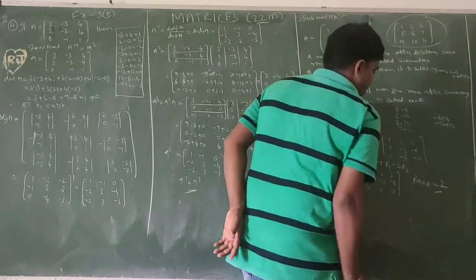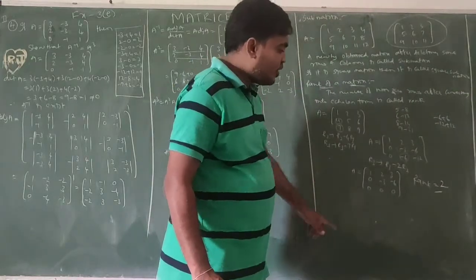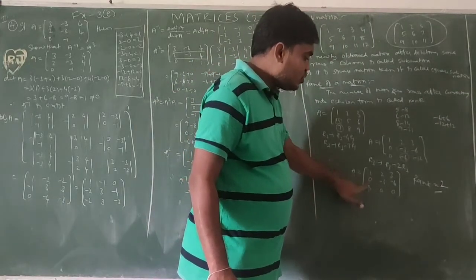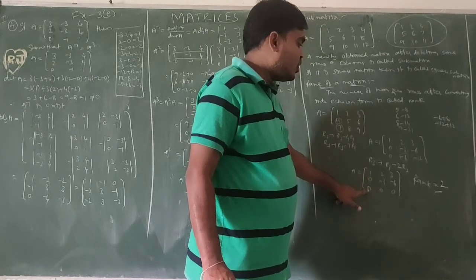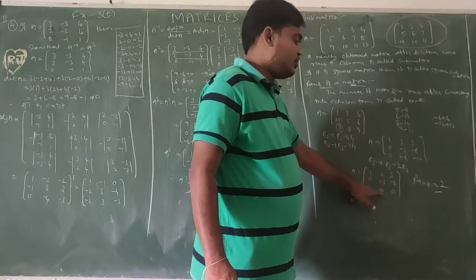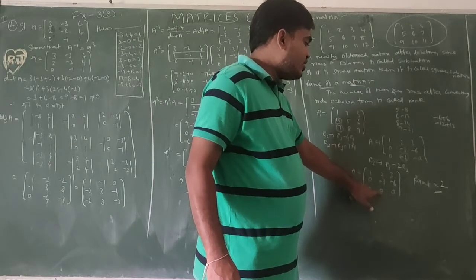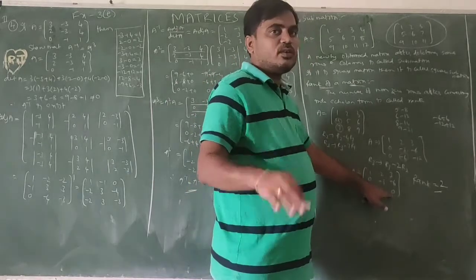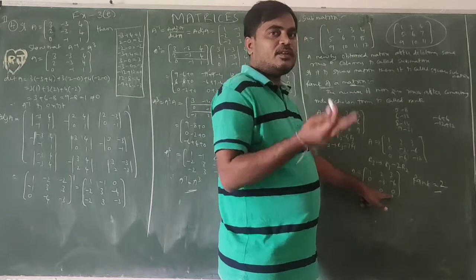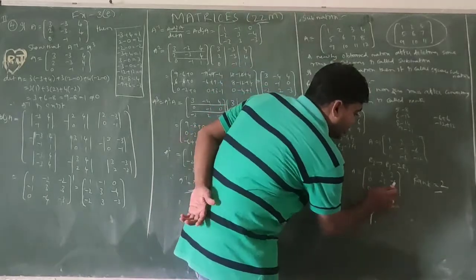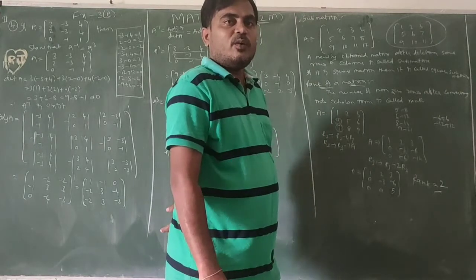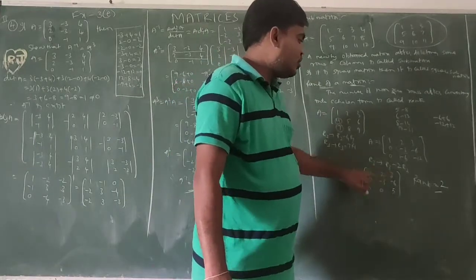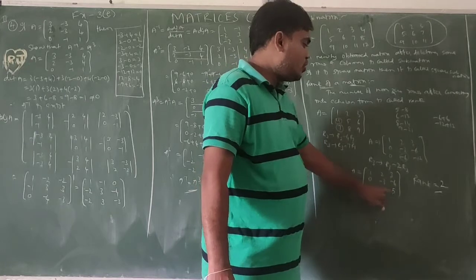Rank equal to 2. So one more time, observe. We are converting these three elements to 0. This is equal to 0, this is equal to 0. Later I want to convert this to 0, and this also became 0. Sometimes it may be 0, sometimes not. If it is not equal to 0, for example it may be 5, then this is a non-zero row, 0, 0, 5.